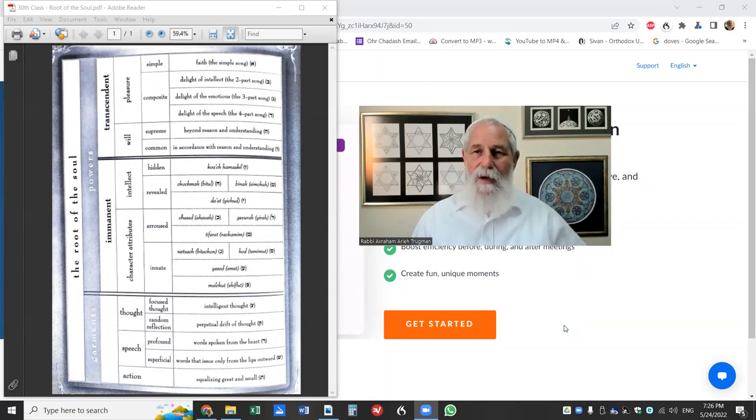And the more spiritual we are, the more our divine soul speaks through us and is activated, then we find pleasure in spiritual things, in learning Torah, in music, in nature, in meditation, these kinds of pleasure. Oneg Shabbos, the pleasure of Shabbos.